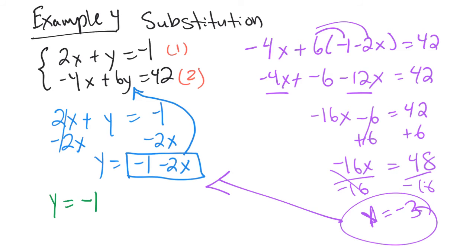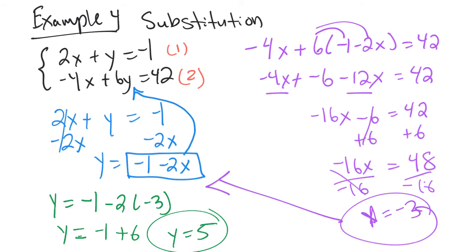So we're just going to plug this in. So y equals -1 minus 2 times -3. So we multiply first, we get positive 6, which means that y equals 5. So that means our solution, our xy coordinate pair, is negative 3, comma 5.